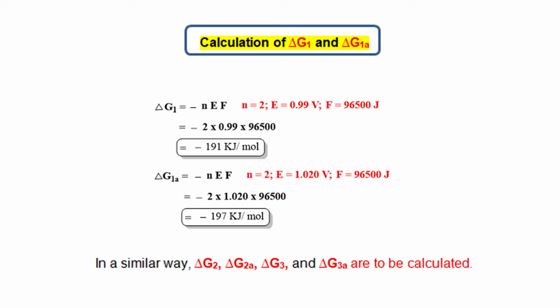After getting the E cell values, we substitute them in the expression delta G equals minus nEF. Using these constant values, we get the delta G value, the change in free energy, and this can be used for further concentrations as well as different temperature E cell values.